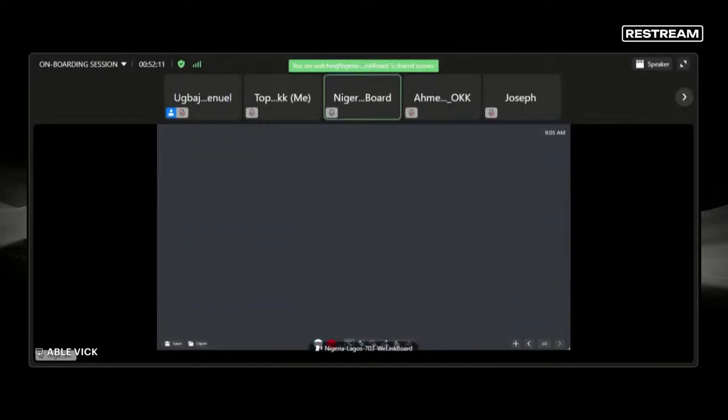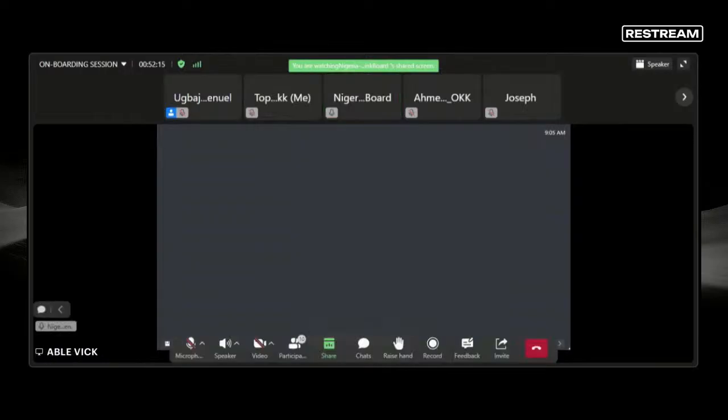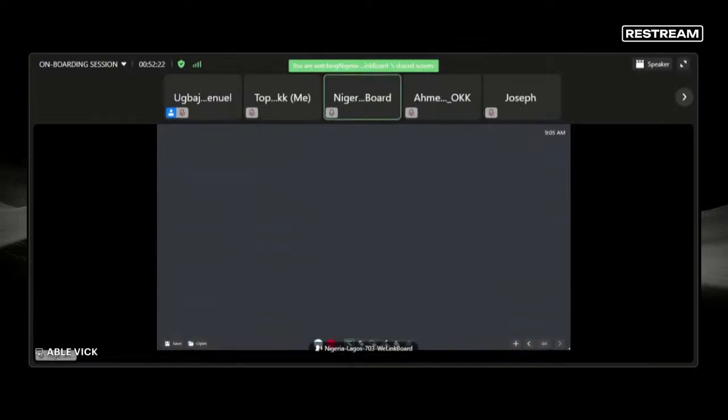Then after setting out, you are supposed to do your excavation for your tower and your guide wire. But before excavation, you must have done your soil test. Without a soil test, you're not supposed to start excavation. If you excavate without doing a soil test, you probably want to do your blinding without a soil test too, and there will be too many back and forth in the project.